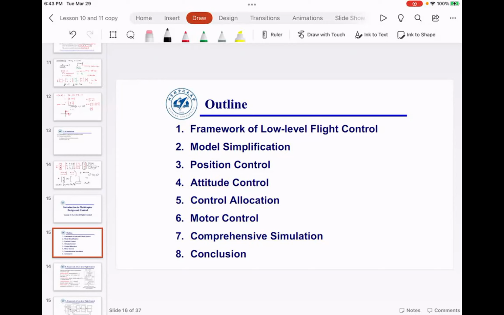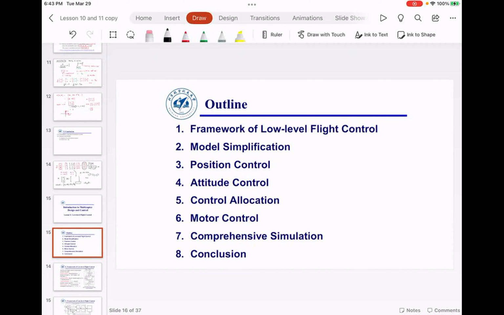So we make certain assumptions and simplify, and we start with a simplified model and implement position control, altitude control, etc. Depending upon the control laws that we want to implement, we come up with an algorithm, and that is called control allocation.